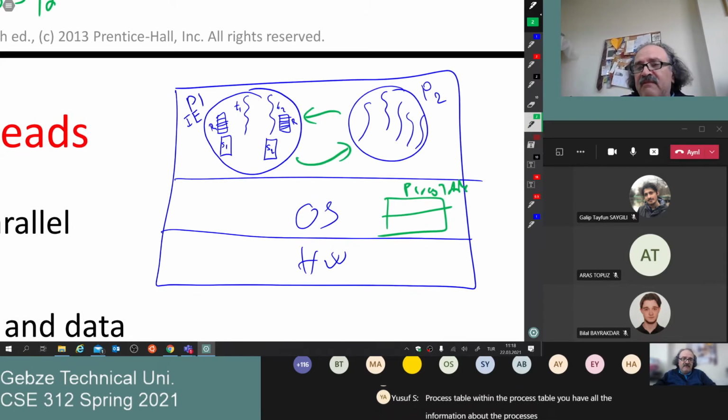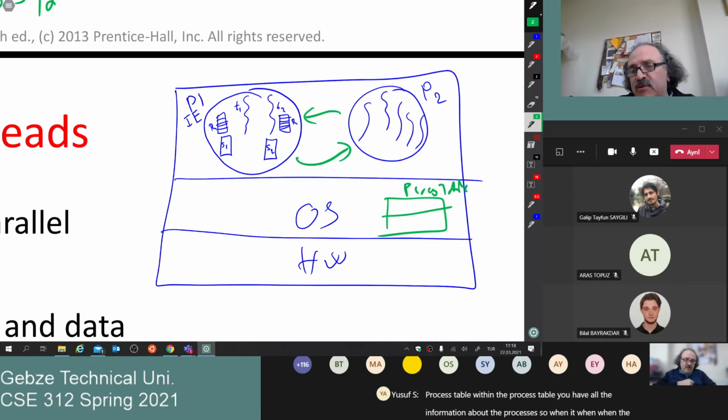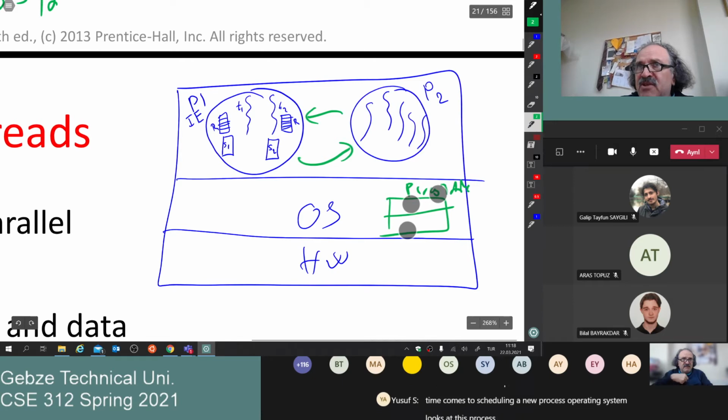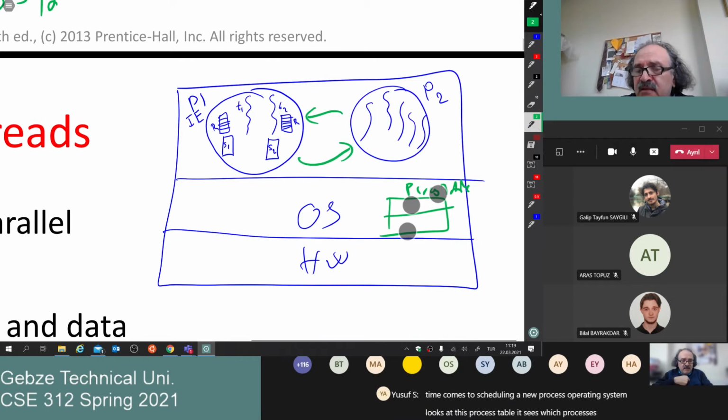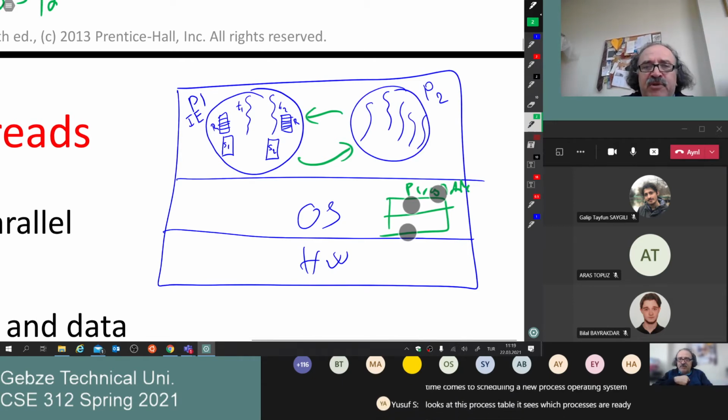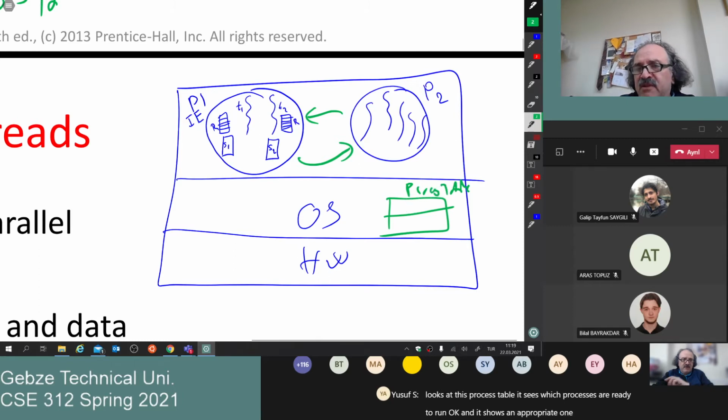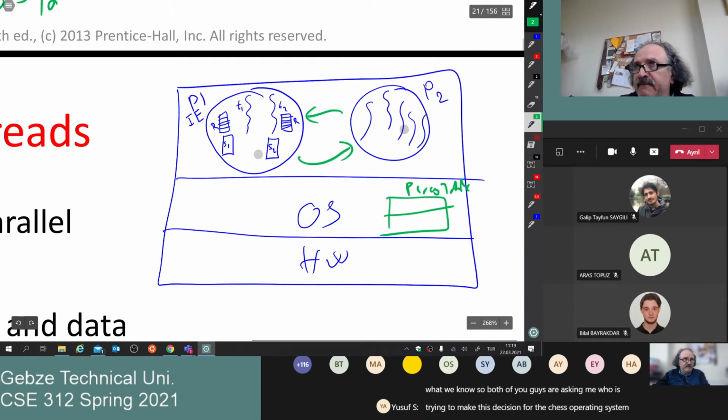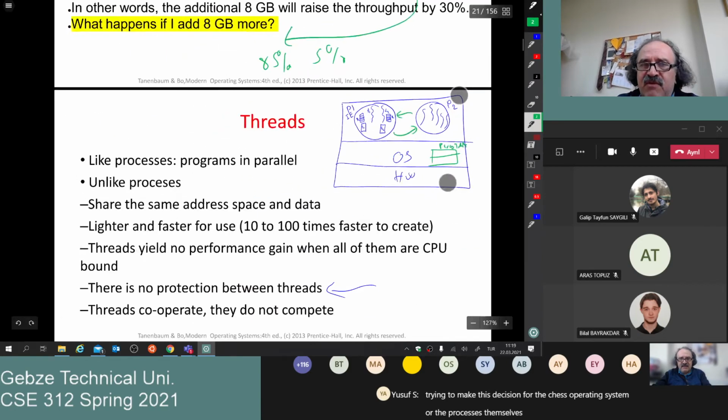So when the time comes to schedule a new process, the operating system looks at this process table, sees which processes are ready to run, and chooses an appropriate one. That's what we know. So both of you are asking me who is going to make this decision for the threads, the operating system or the processes themselves? I'm going to answer that in a few minutes.